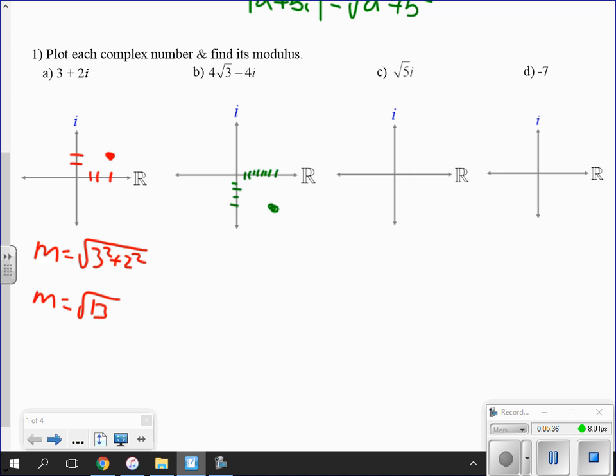And then your modulus is the square root of 4 root 3 squared plus negative 4 squared. Okay, 4 root 3 squared: 4 squared is 16, root 3 squared is 3. 16 times 3 is 48. Plus 16 gives you 64.